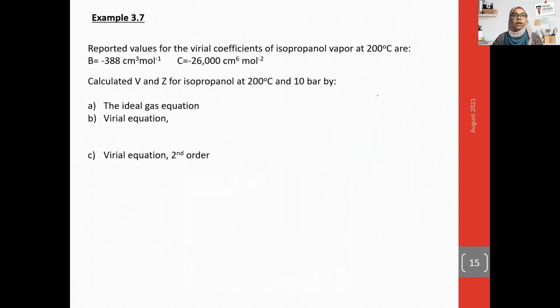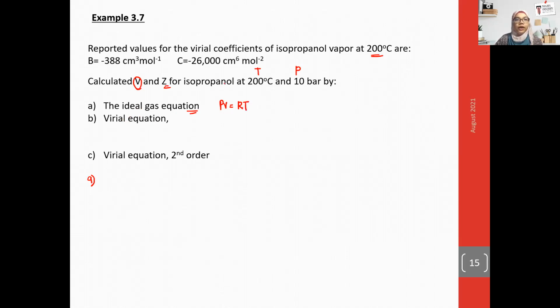Okay, let's take a look at the example. We already covered the first equation of state, which is the virial equation. B and C are the constants given. Okay, reported values for the virial coefficients for isopropanol vapor at 200 degrees Celsius. We have temperature and pressure, so we need to calculate Z and also V. First, for part A, the ideal gas law, we know that PV equals RT, right?